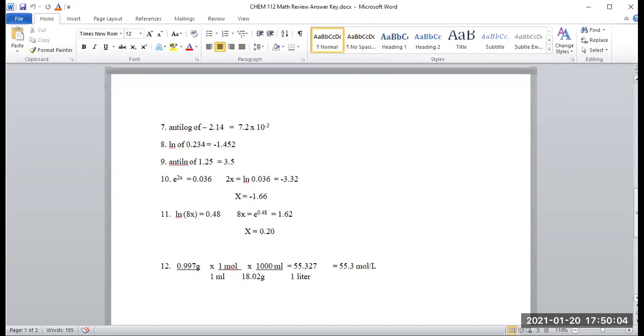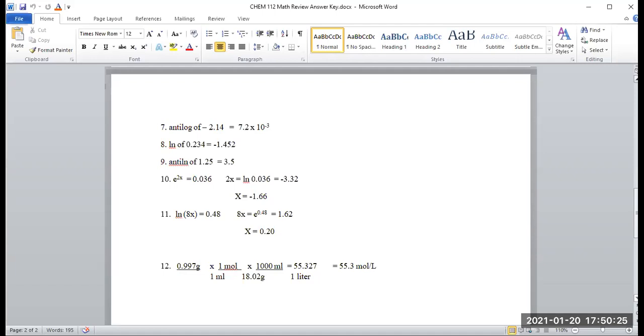So when you are doing that, if we're looking here at number 10, if I anti-log the left-hand side, I end up with just 2x. If I anti-log 0.036, I get negative 3.32, and then you can just divide by 2 to find your x.